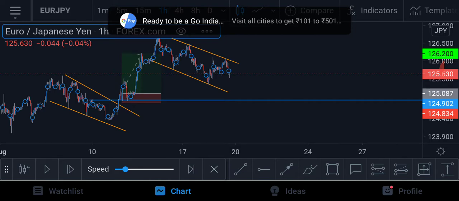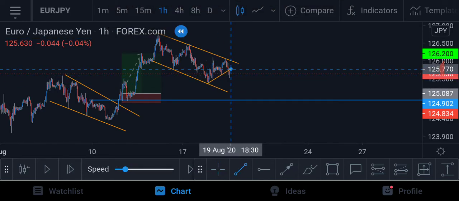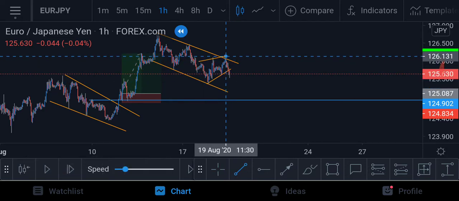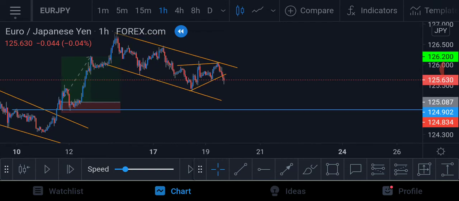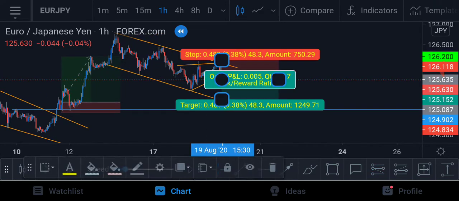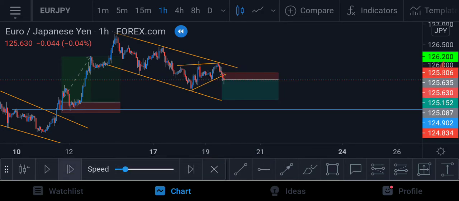Here as you can see, there is a smaller pattern also, and it breaks out very clearly. So I am entering a short trade here with the stop just in the middle of the pattern.